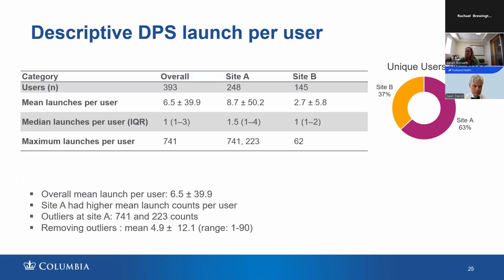Okay, so we can look at some of this data here, and what we find is there are some differences across the two sites in how many launches there were per any of these users. You see at one site it was on average 8.7 and the other site 2.7.